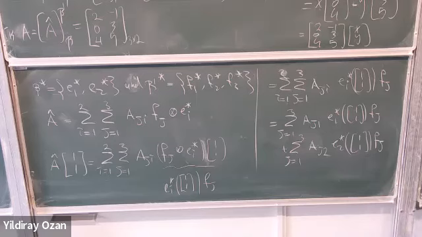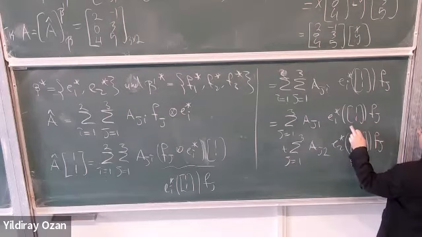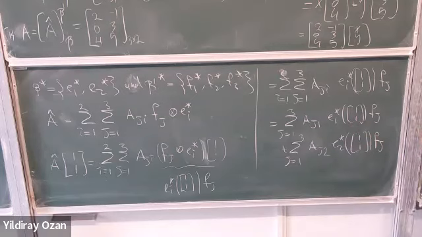Okay, now E1 star on E1 is 1, E1 star on E2 is 0, right? So (1, 1) is just E1 plus E2. So E1 star of (1, 1) is just E1 star of E1 plus E2. So this is just 1 plus 0, it is 1.